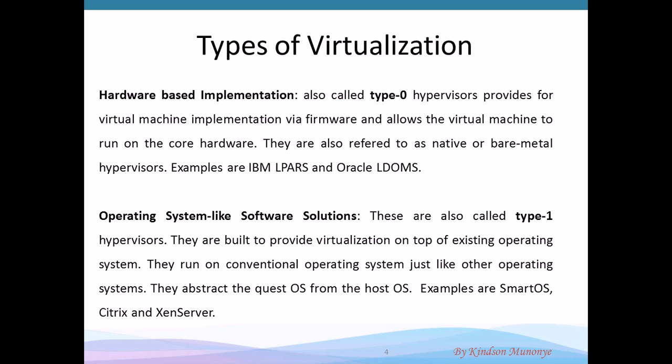The hardware-based implementation means you have a hardware server, then you install a hypervisor equivalent to the virtual machine layer, and then you create instances of virtual machines on top of the hypervisor. This hypervisor layer is a very thin layer on top of the hardware. So that is how it works.